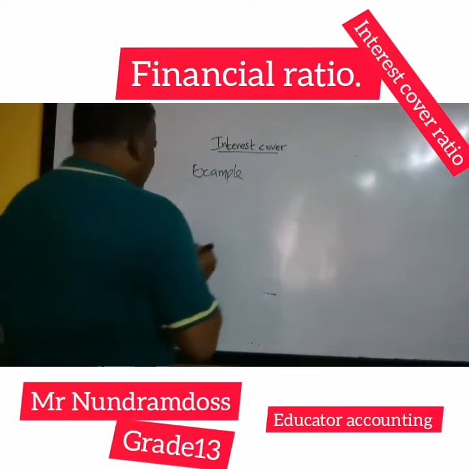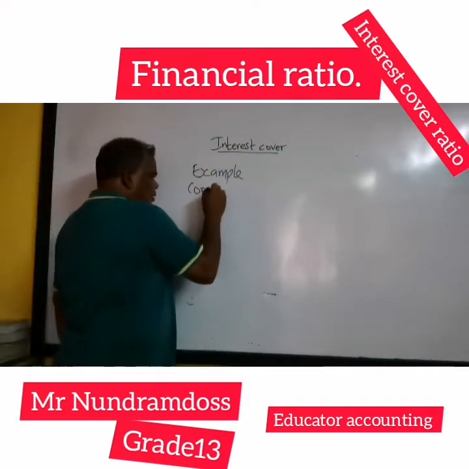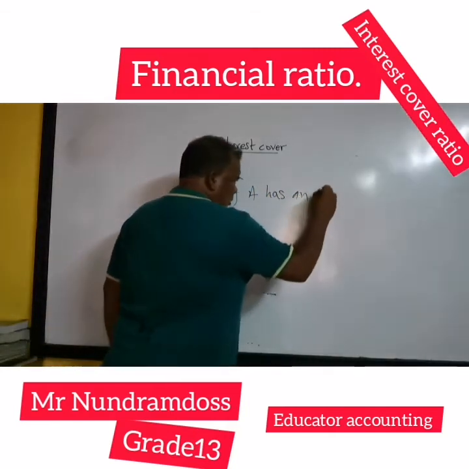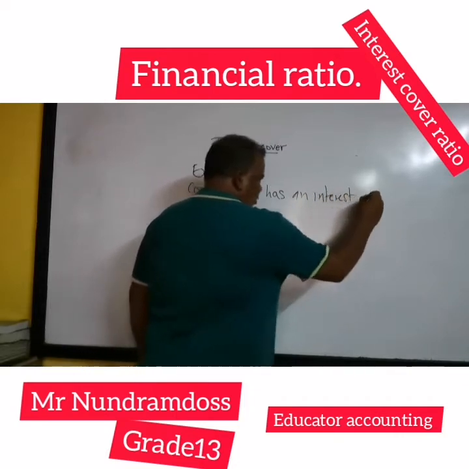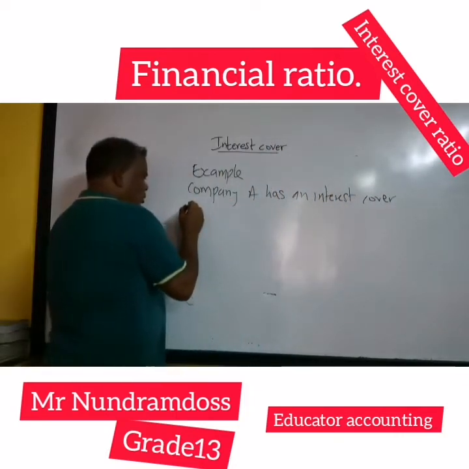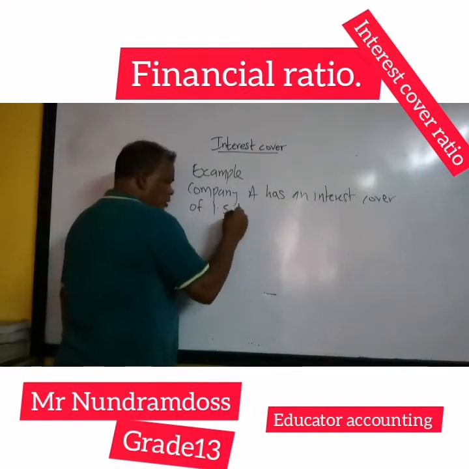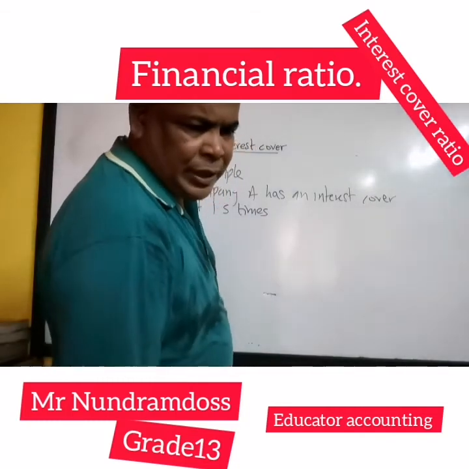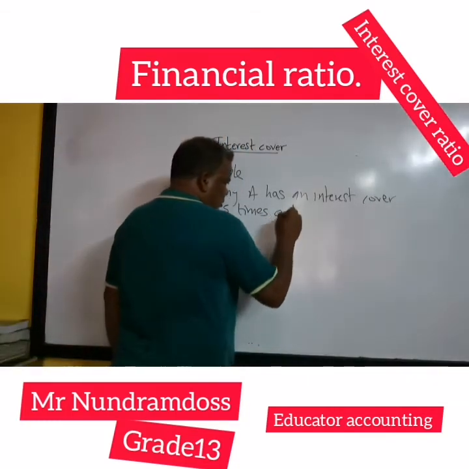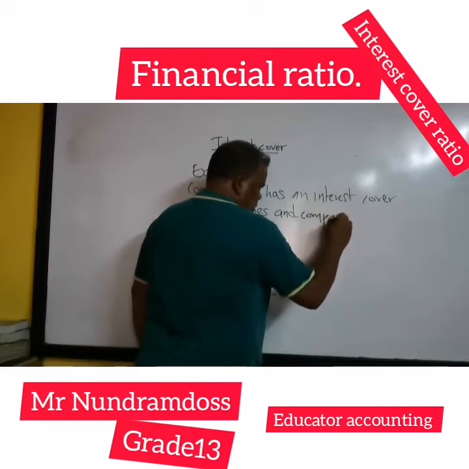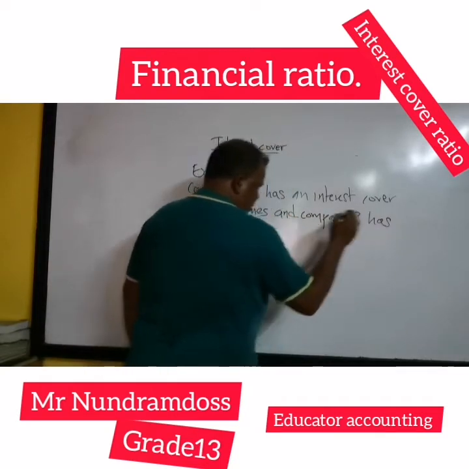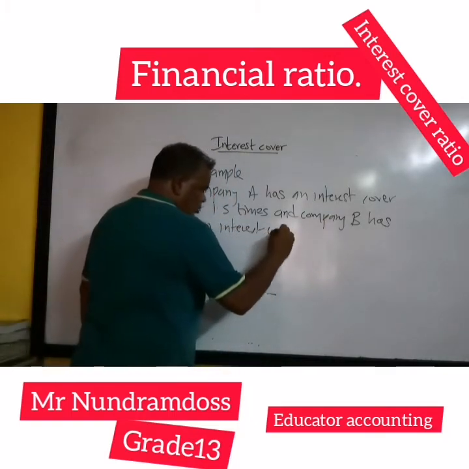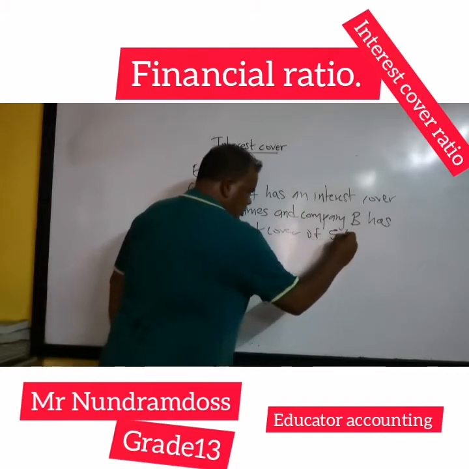Company A has an interest cover of 1.5 times, and company B has an interest cover of 5.6 times.